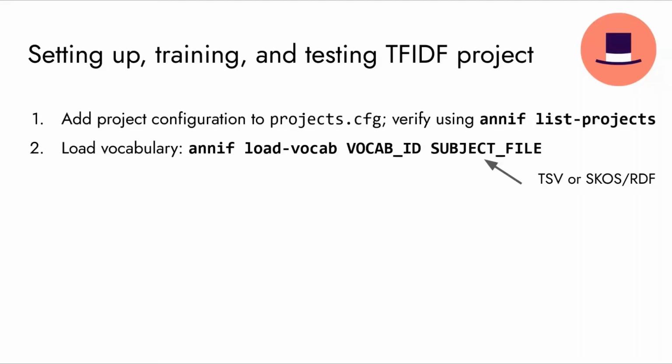Second step is to load the vocabulary, which is done using the Annif load vocab command. It takes the vocabulary ID as the first argument and a path to the vocabulary as the second argument. The vocabulary can be in a TSV file, that is in a simple tab separated value format, or a SKOS/RDF file.